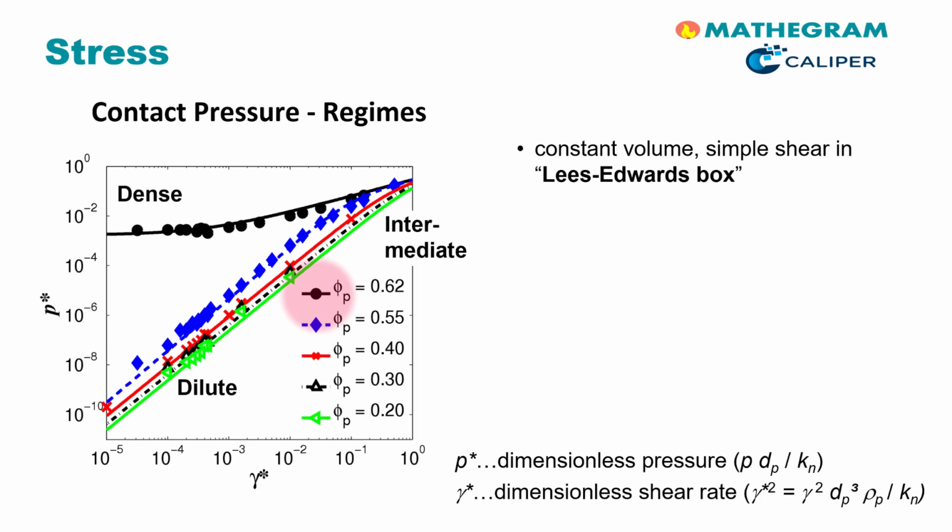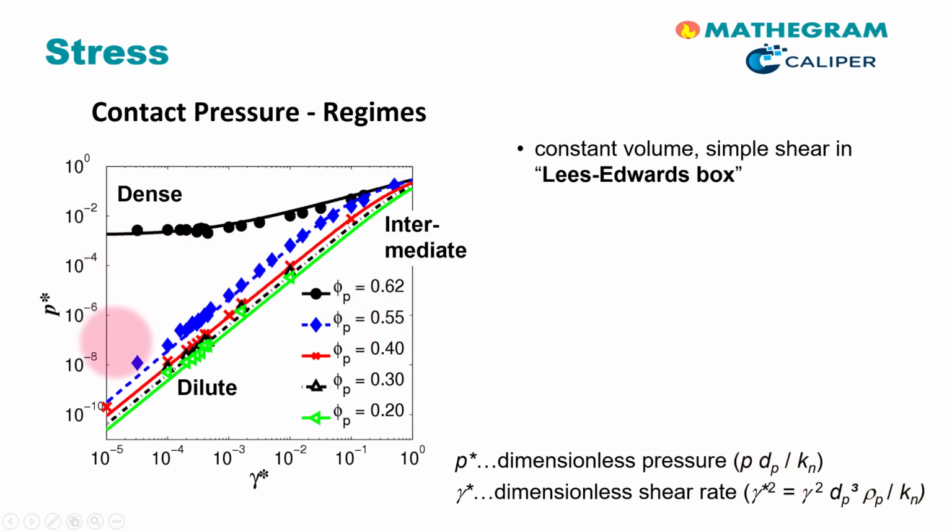Also note that both the shear rate and the pressure are made dimensionless with adequate reference quantities. For the pressure, this is the stiffness parameter of the contact force model Kn divided by the particle diameter dp. The shear rate is normalized in a more complex manner involving also the stiffness.